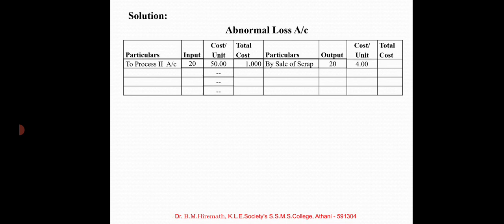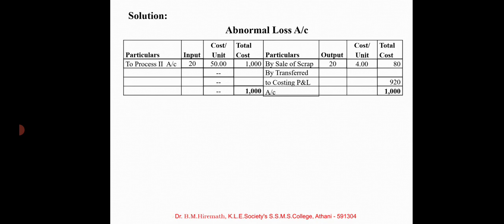So 20 units into rupees 4 is equal to 80. 80 we get through sale of scrap, and the remaining amount is the abnormal loss, that should be transferred to costing profit and loss account. That difference of 920 is to be transferred to costing profit and loss account. So entry by transfer to costing P&L account rupees 920.